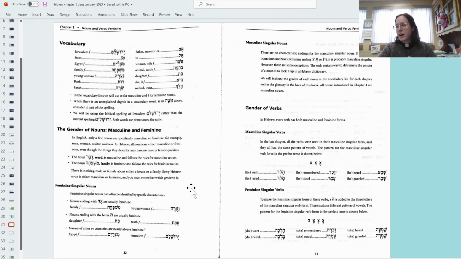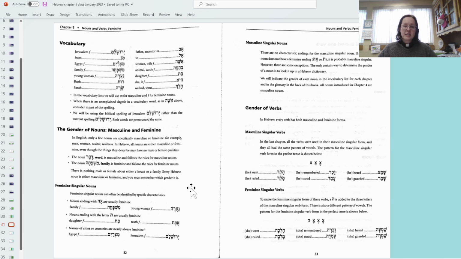So we have na'ara, young woman. We have mishpacha, that's family. And the next one we have emet, which is truth, and bat. So nouns ending with a tav are usually feminine. Then we have Yerushalayim and Mitzrayim.